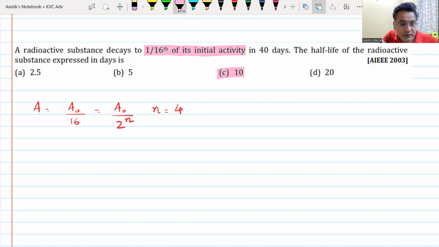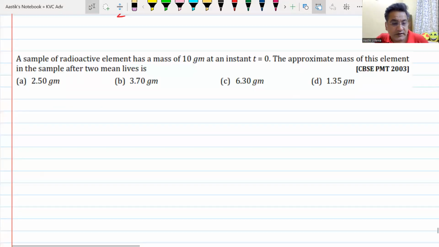Let us move on to the next question. A sample of radioactive element has a mass of 10 grams at an instant t equal to 0. The approximate mass after 2 mean lives is?